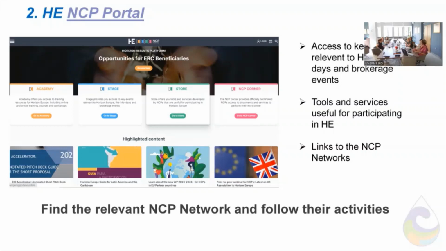Why? Because NCPs go to Brussels, sit in the meetings, have access to information, can ask their NCP colleagues if they don't know the answer. So the network is just spreading and it's limitless. So every question will be answered either by your country NCP, or if not that one, there will be somebody from the entire network that will know the answer to the question.